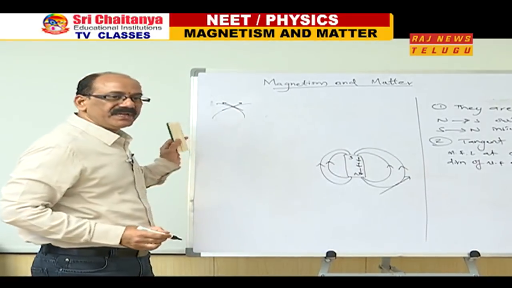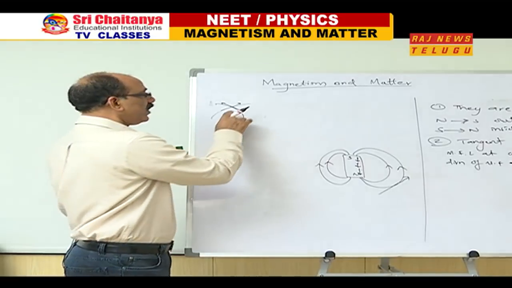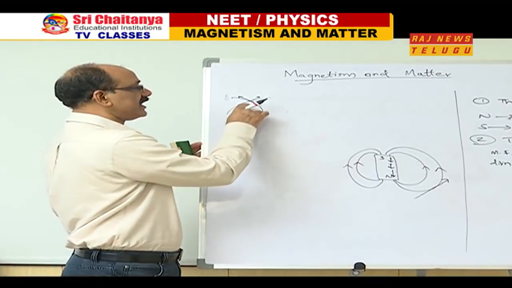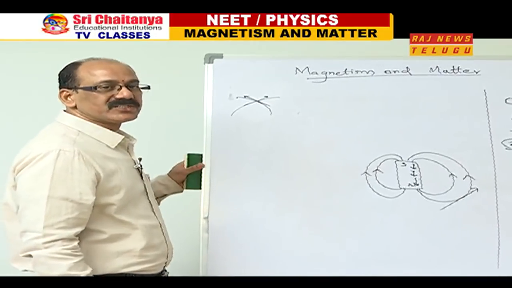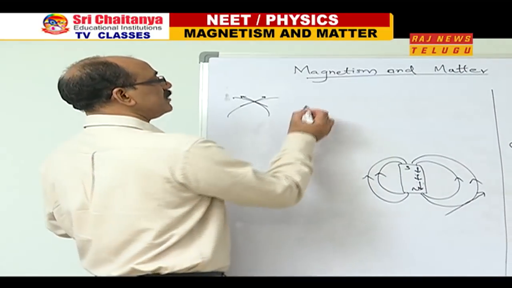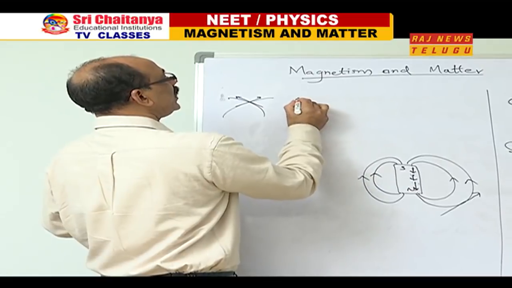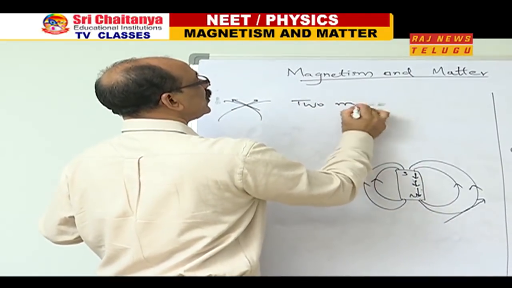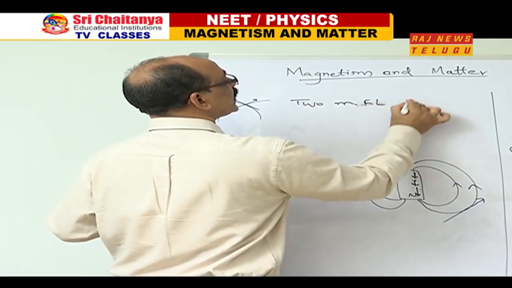But the magnetic field being a vector has only one direction. At the point of intersection, two directions are possible. Therefore, it is impossible. Hence, we can say two magnetic field lines do not intersect with each other.